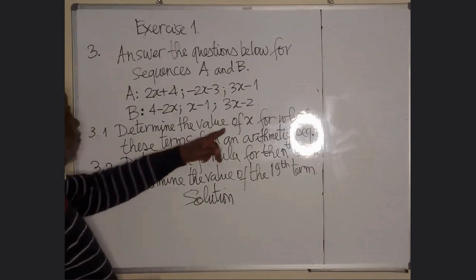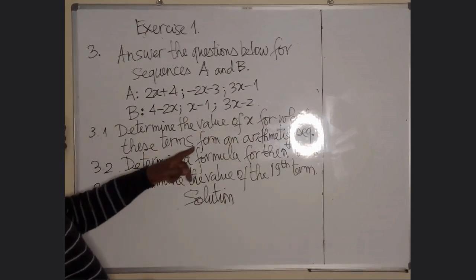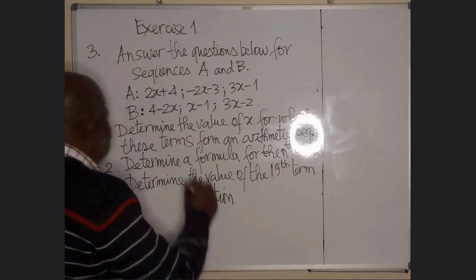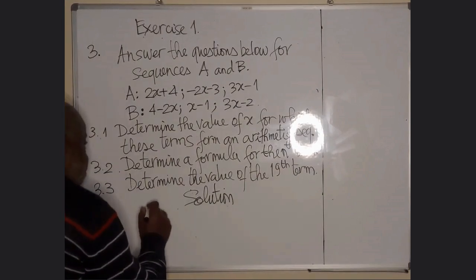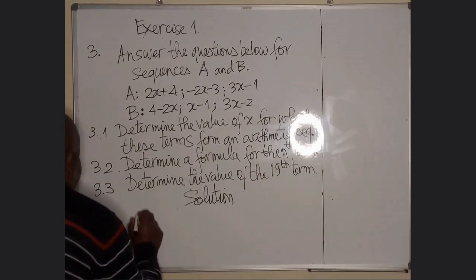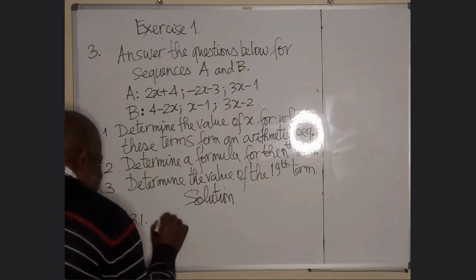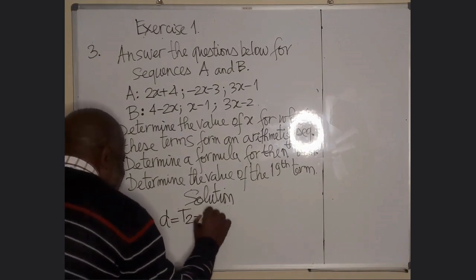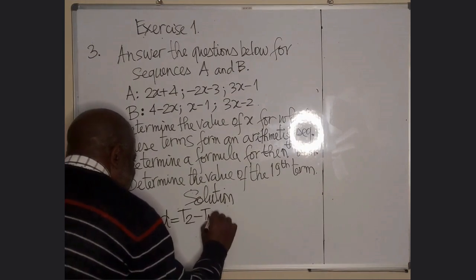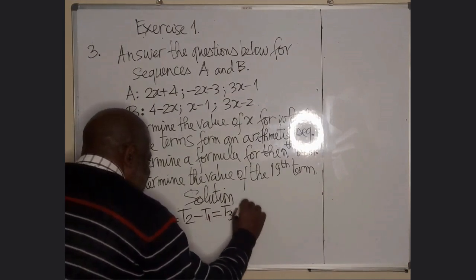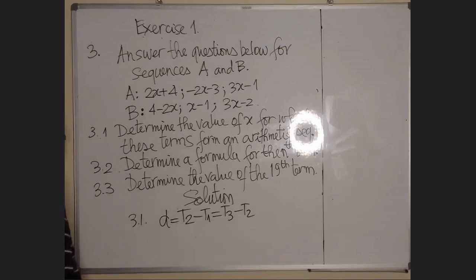3.1, determine the value of x for which these terms form an arithmetic sequence. We'll have d equal to T2 minus T1, which is going to be equal to T3 minus T2.